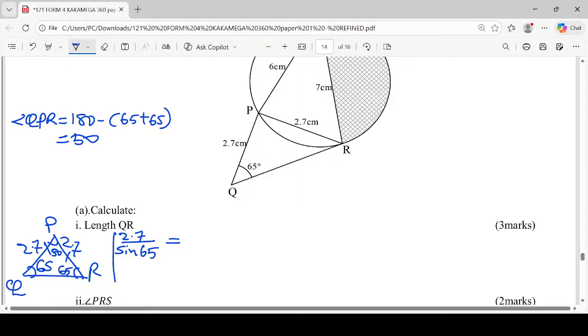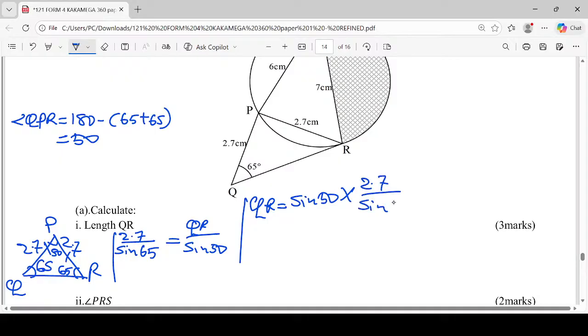So this is like saying QR over sine 50 equals 2.7 over sine 65. So to compute QR, we are going to have sine 50 multiplied by 2.7 all over sine 65.